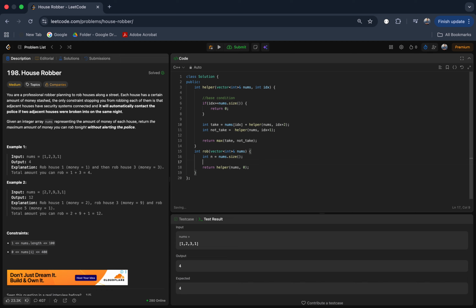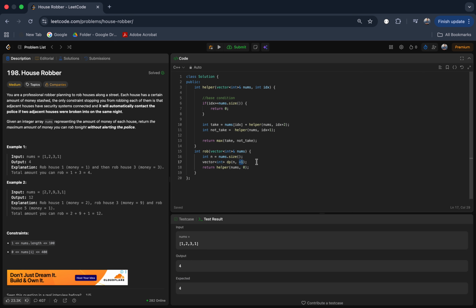So that's why we do the recursion with memoization. So this is a DP thing, memoization. What we do is we make one vector dp with size n and initialize it with -1. So we are initializing the array with a value which can never come here.